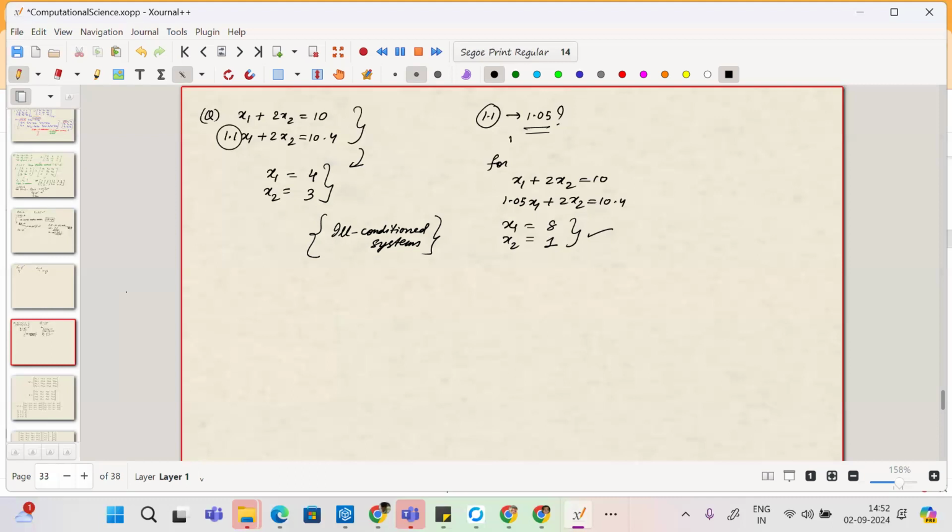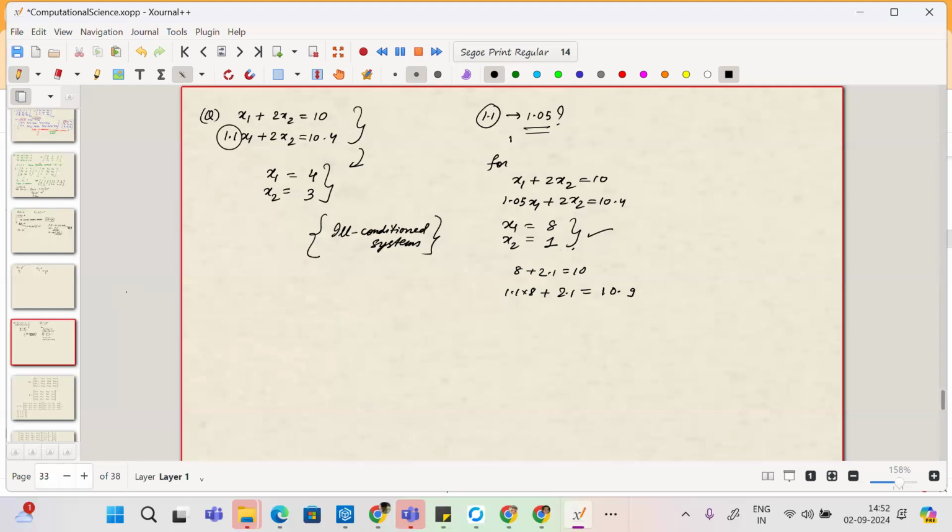Most importantly, if you substitute this back into the equation, it still works. 8 plus 2 into 1 still returns 10. Now 1.1 into 8 plus 2 into 1 is 8.8 plus 2, which is 10.8, or 10.9?